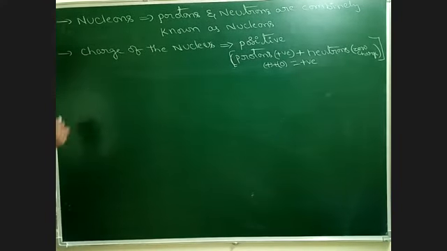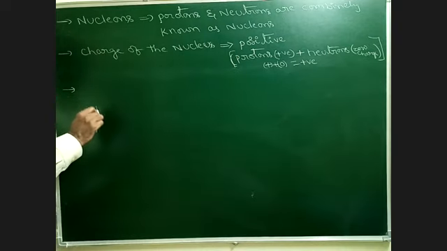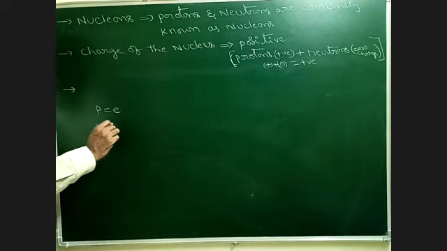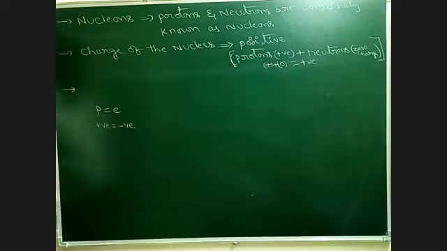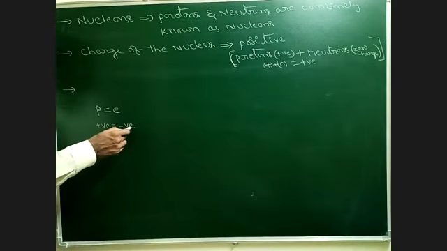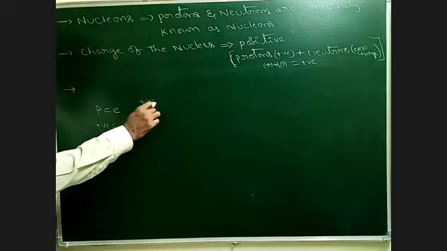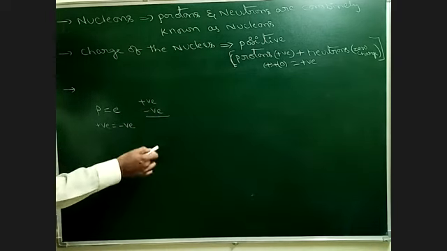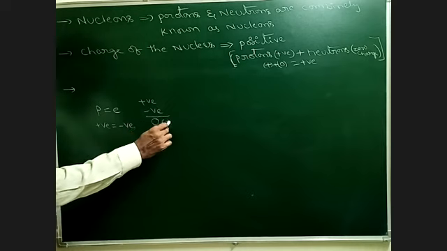Okay, next point. In any atom, the number of protons is equal to the number of electrons. That means the number of positive charges is equal to the number of negative charges. If both positive and negative are same, then what is the resultant charge? 0. That is no charge.